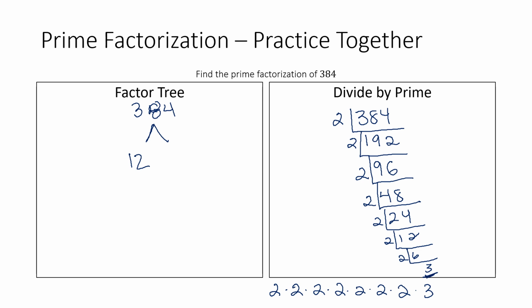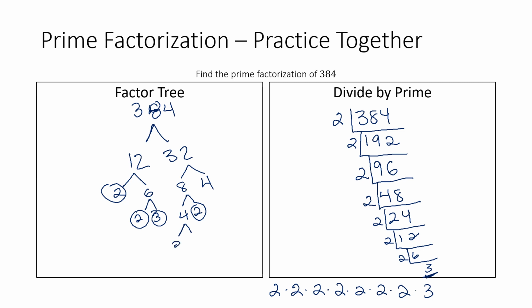That is 32. 12 isn't prime, but it is even, so I'm going to divide it by 2, and I get 6. 6 is 2 times 3, and they're all prime. Let's look at 32. 32 is 8 times 4, but 8 is 4 times 2. 2 is prime. 4 is 2 times 2. And 4 again is 2 times 2.